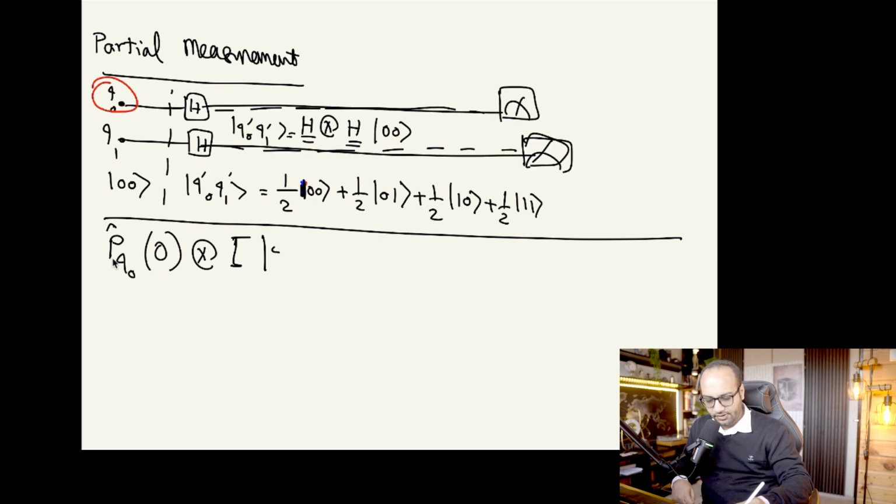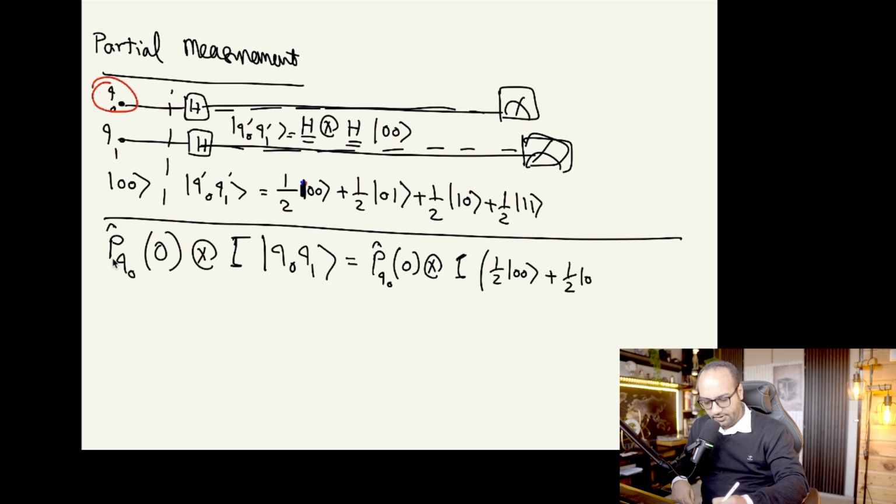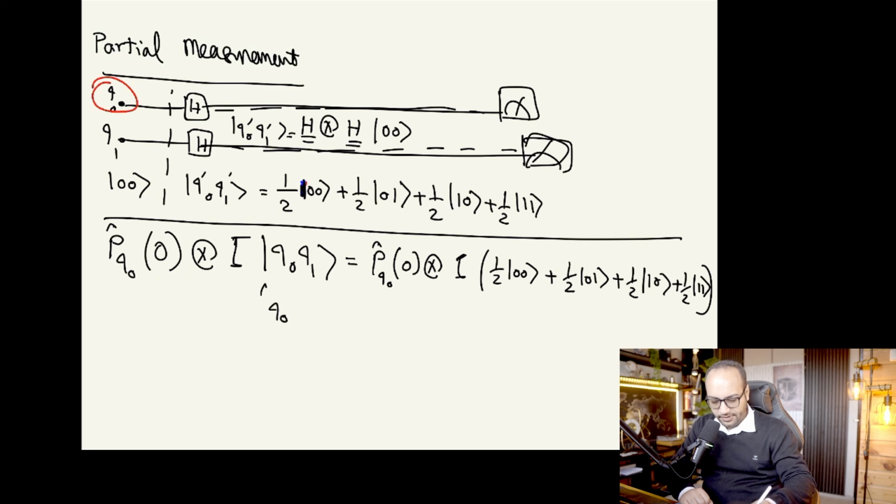So that will act on Q0, Q1, which will give us P Q0, 0 tensor product I acting on half ket 00 plus half ket 01 plus half ket 10 plus half ket 11. So let's assume when we do this measurement, we are going to find the qubit Q0 in the 0 state.